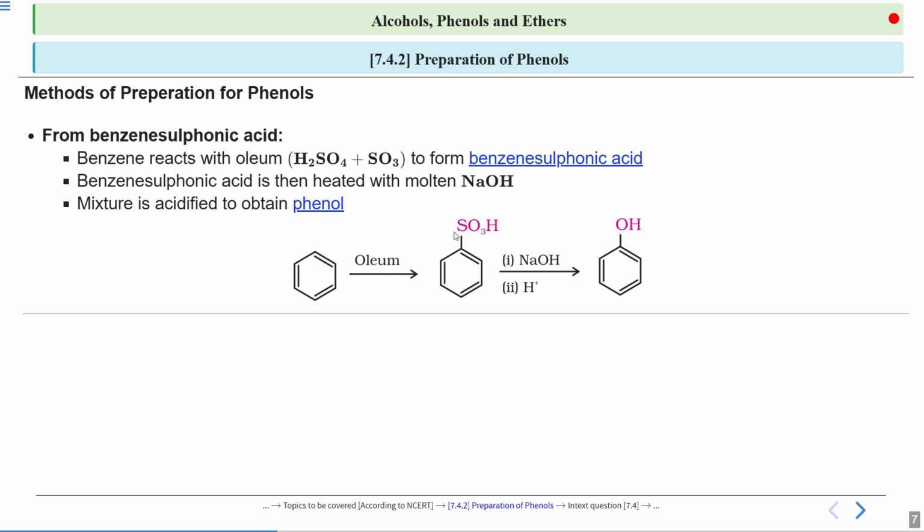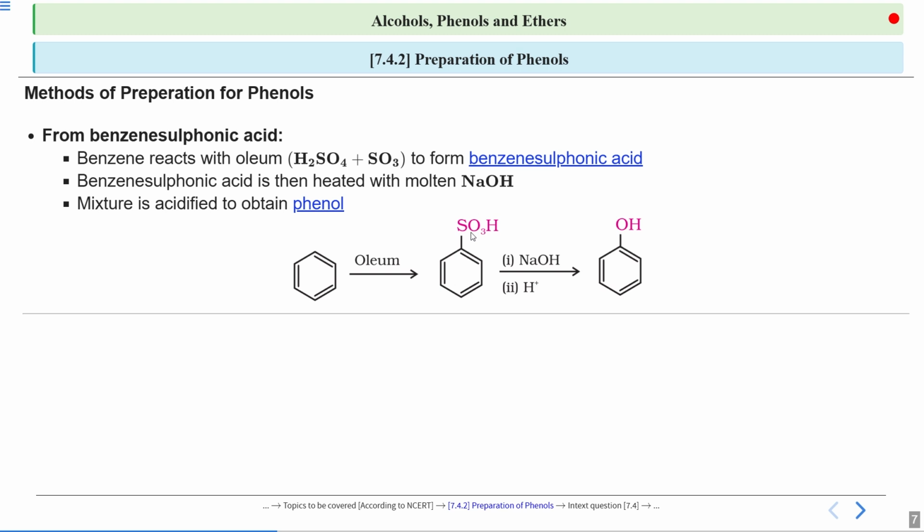Now see, this is an acidic group, that is SO3H. How will it break? Into H plus and SO3 minus. Next, this acid will be treated with a base. We will treat this acid with NaOH. Your base gives hydroxide ions, that is OH minus, and Na plus.